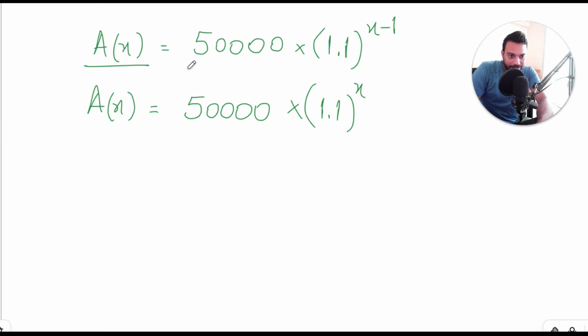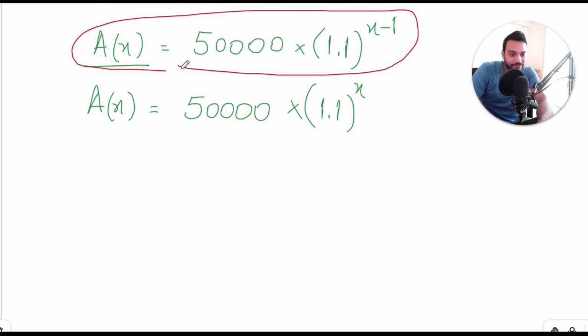When I use the first one, it is totally dependent on the reference that I'm taking for counting the X's, the years. For X minus 1, I'm taking the beginning index as the reference.